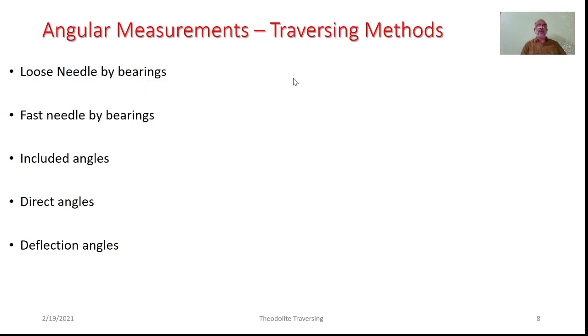So here traversing can be done by using the loose needle, fast needle, included angles, direct angles as well as deflection angles. Again, let me say that this particular discussion is more related to academics. Practically, one may not follow this, but these are basics of surveying.